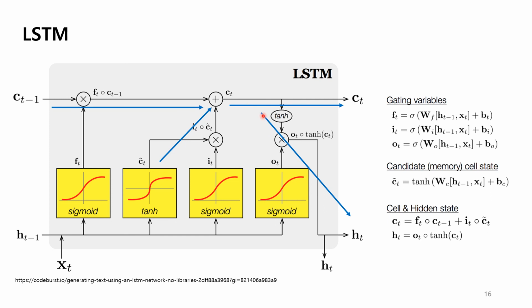But when this is passed to the hidden node, it must go through another gate called the output gate. Again, this is the same thing. It reads these two and applies sigmoid, and it ranges between 0 and 1.